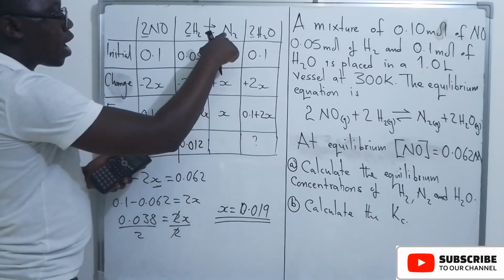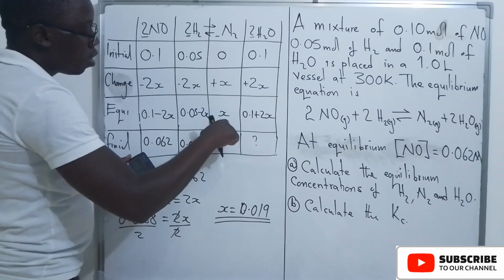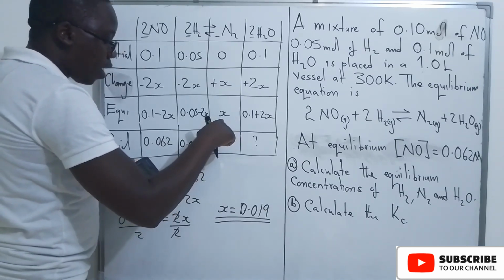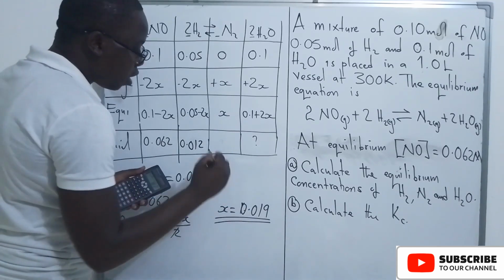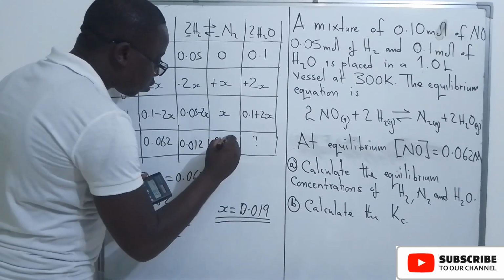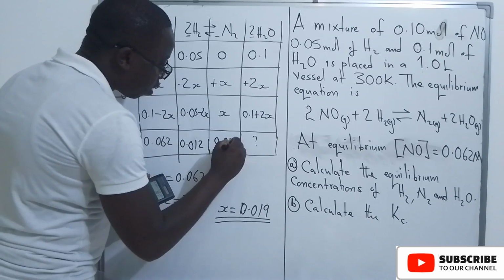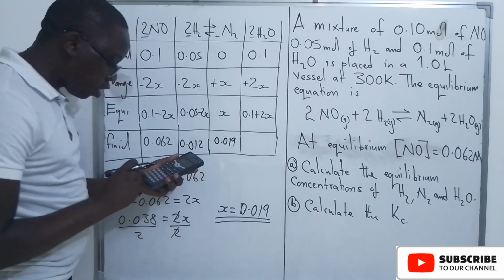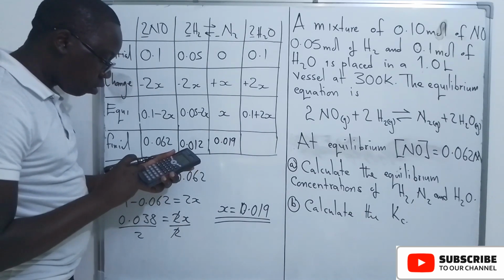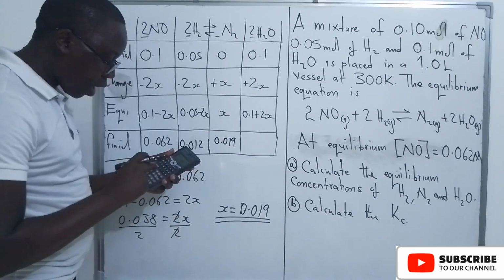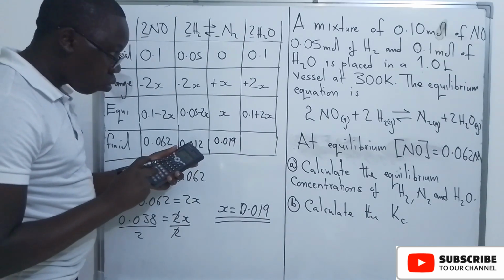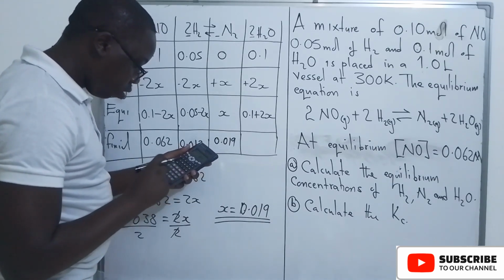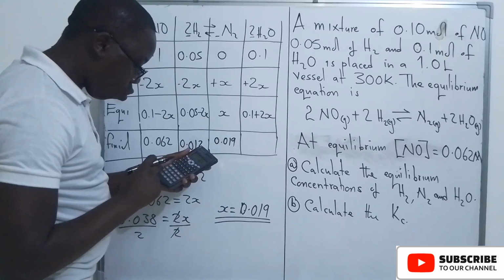Here for nitrogen, they are saying the equilibrium concentration is equal to x. So it is simply equal to 0.019. Then for the last one, the equilibrium concentration is equal to 0.1 plus 2 multiplied by 0.019.